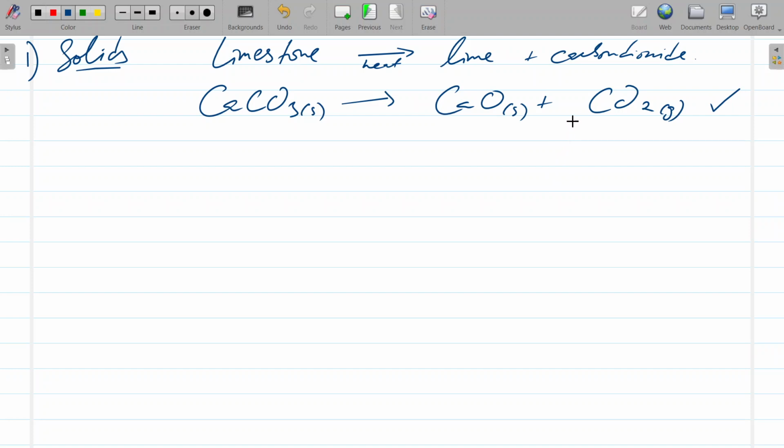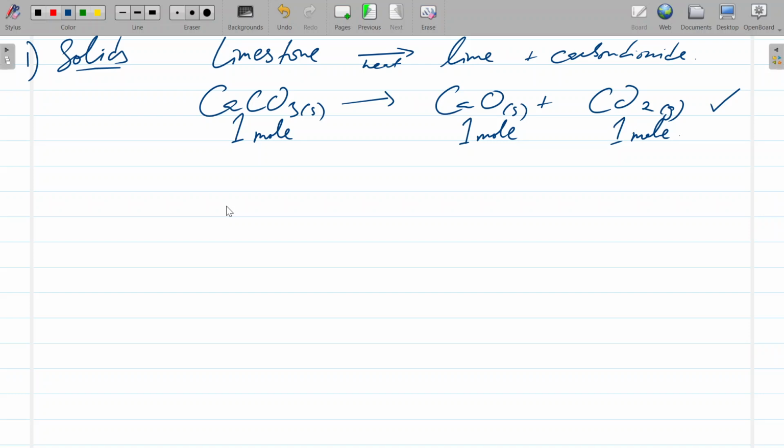Now that it's balanced, again, we know that 1 mole of calcium carbonate decomposes to give 1 mole of calcium oxide and 1 mole of carbon dioxide. Now, how much does that correspond to in mass? The mass of calcium carbonate, we did calculate it earlier, and it's 100 grams.